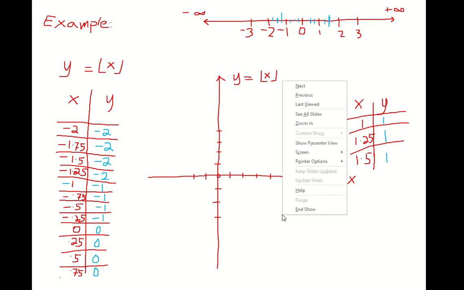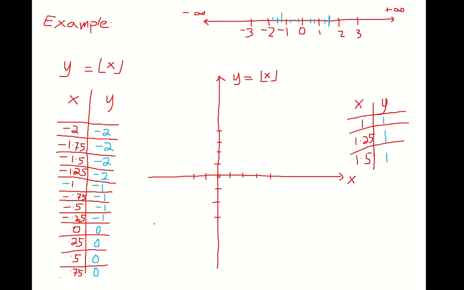Okay, so let's go now plotting the points. For negative 2 and negative 2, where is this? Our x is negative 2, our y is negative 2.